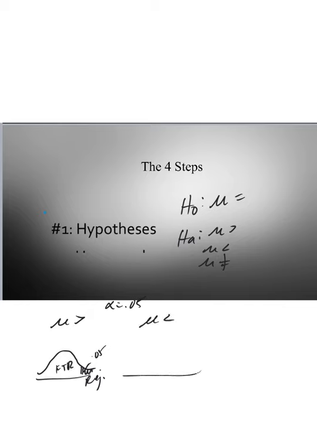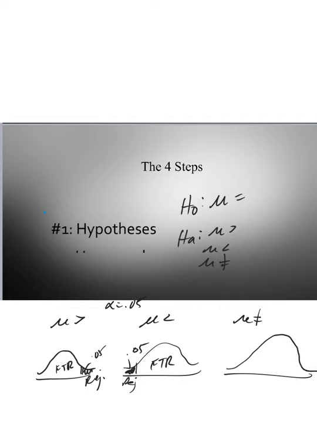If it's a less than, then on the same curve, we're looking down here. Anything in the bottom 5% would be our reject region, and everything else would be the fail to reject region. If it's not equal to, this is a little different because we're not just looking standard deviations above or below, we're looking standard deviations away.